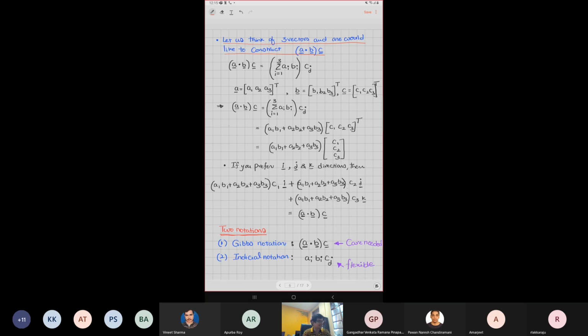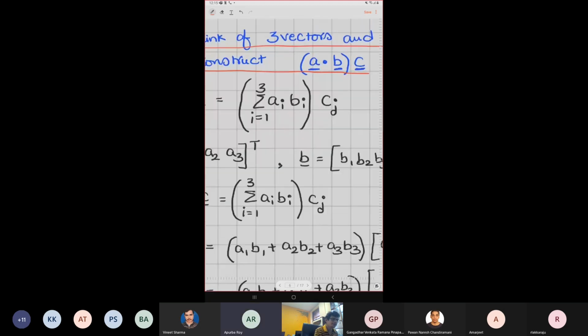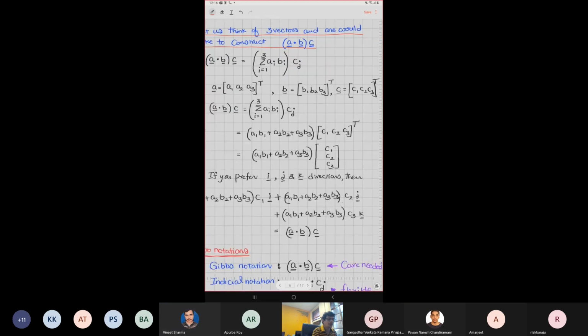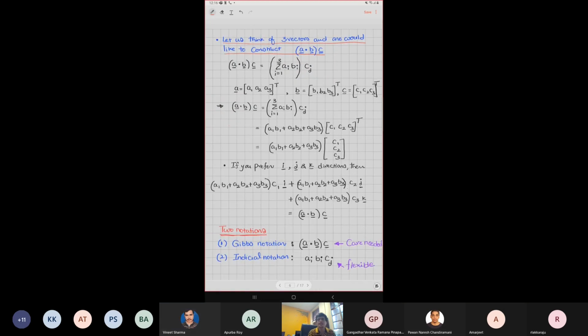Is it a vector or scalar? A dot B multiplied by C. Vector. It's a vector quantity. So that's what we are trying to look at, even through indicial notation. So A dot B C. Whenever a dot is there, that means there is a summation on the indices.